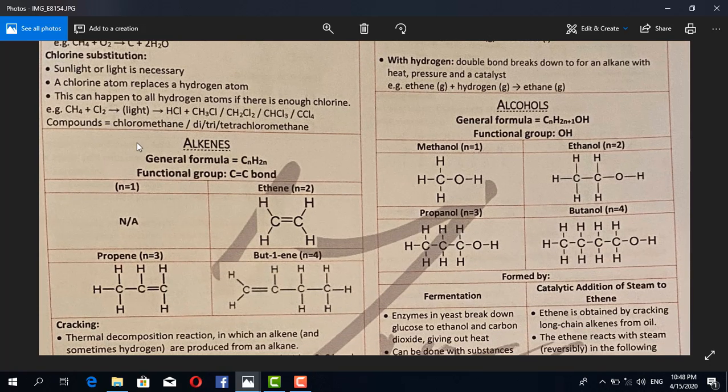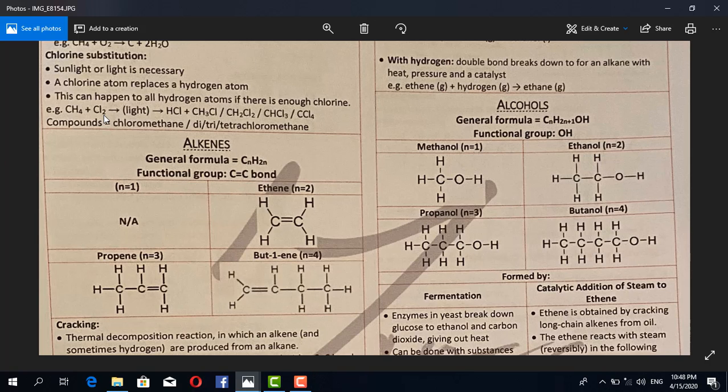For example, the compound here is chloromethane, then di, tri, tetra; it depends on how many atoms I have. If it's 2, I would call them di, if it's 3, tri, if it's 4, tetra.